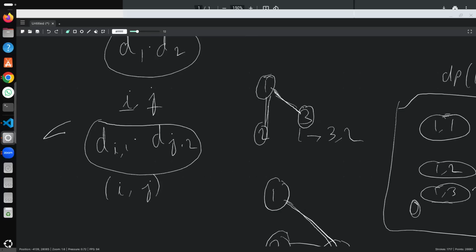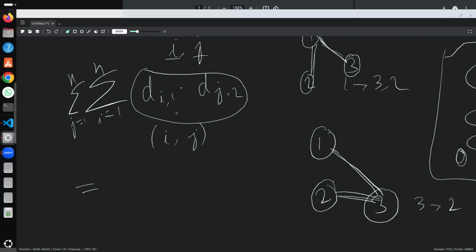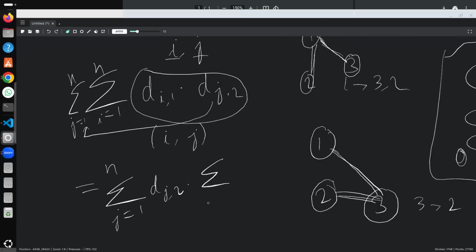That is the number of edges outgoing from a certain node (i, j). If you take the summation over all i equal to 1 to n and j equal to 1 to n, that gives the number of edges. You can take the j term out of the summation: summation of d(j,2) for j equal to 1 to n, times summation of d(i,1) for i equal to 1 to n.